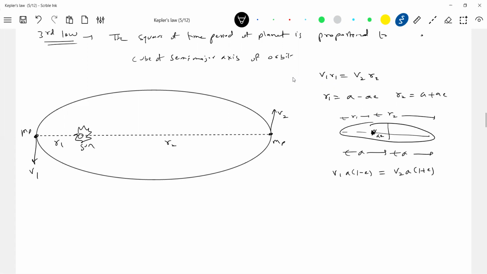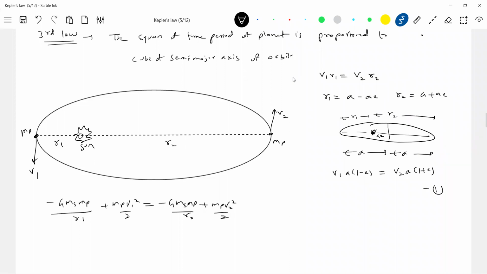Then applying the conservation of mechanical energy: minus G M_S M_P by R1 plus half M_P V1 squared, equals the same at the other point. What are unknown things? V1, V2 are unknown.